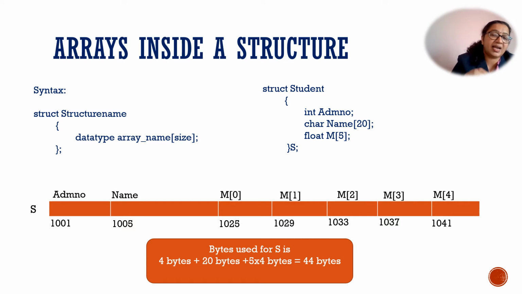Already we used char name of 20 size, that is also an array. But comparing a string with integer or float arrays, is there any advantage for a string? Do you remember? Yes, it is there. We are using just cin on name, and automatically the name will be assigned to each cell: name of 0, name of 1, name of 2, like that.